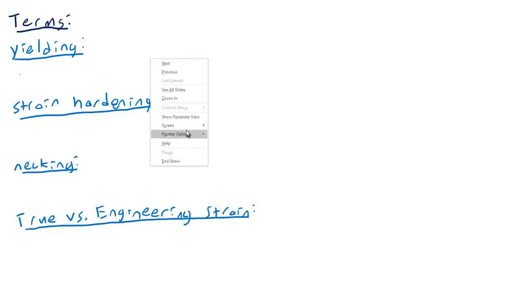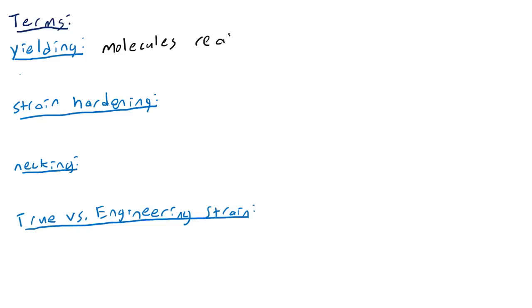Okay, so what do we mean by yielding? That's in the yielding zone. It's in the plastic or inelastic range. And what do we mean by that? So during yielding, molecules realign. There is slippage of material along oblique surfaces.